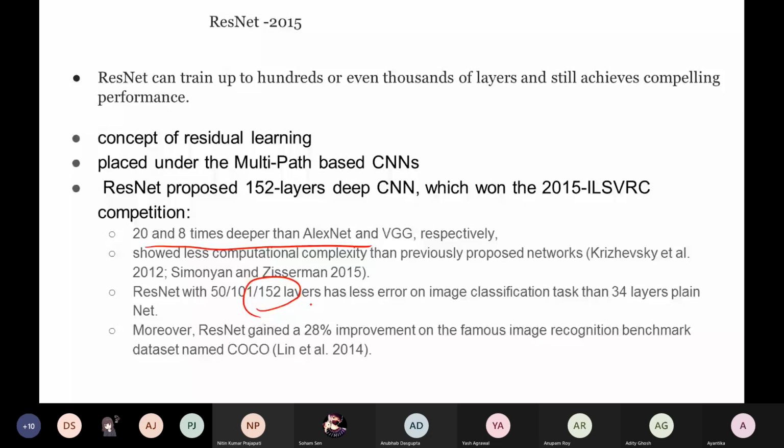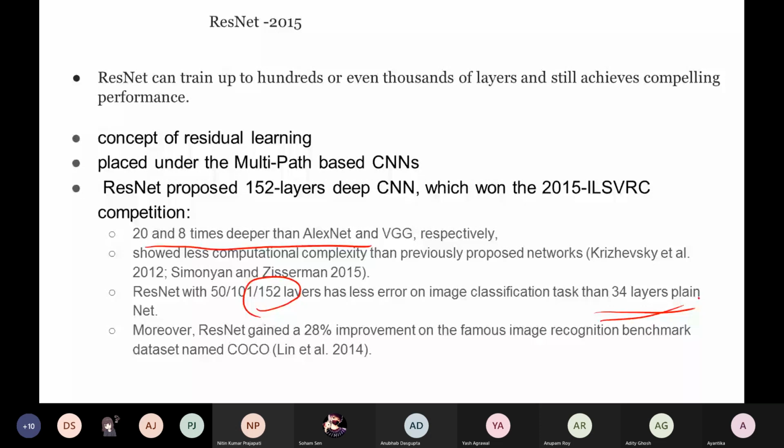That means the significant thing is that it can handle this many layers, whereas we started in LeNet with 5 layers, then came AlexNet with 8 layers, and from there GoogleNet with around 22 layers. From there, with the highway network handling the gradient problem properly, in ResNet we are talking about 152 layers.